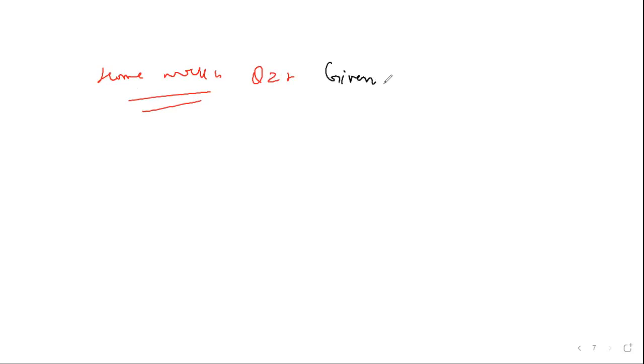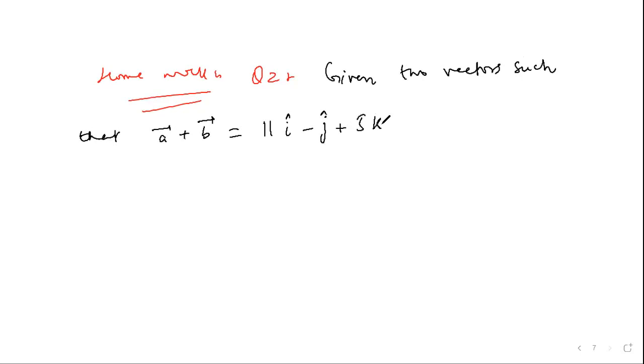Given two vectors such that A plus B is equal to 11 i cap minus j cap plus 5 k cap and A minus B is equal to minus 5 i cap plus 11 j cap plus 9 k cap.